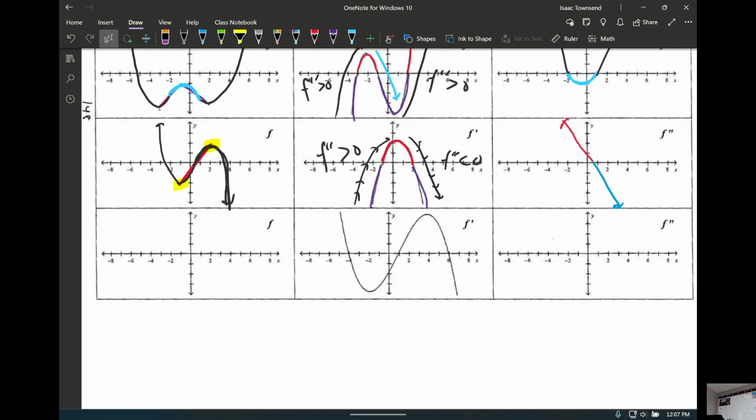So x equals negative 2, the concavity changes. So here it would be concave down. Here is just concave up. So you just have to change the inflection. That works. Is that correct? Yep. I don't have one. Sorry, so that's the tough part of this.